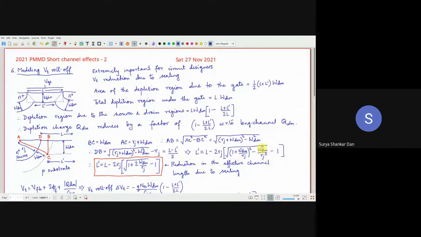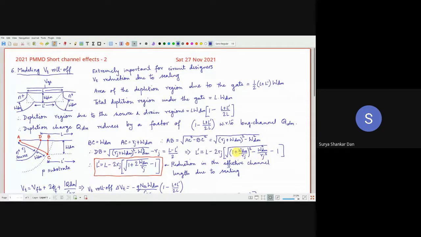Okay. Now, usually this radius of the source is much larger than the depletion width. So what we will do is, if we simply expand this, it will become 1 plus WDM square by Rj square, which will cancel here.